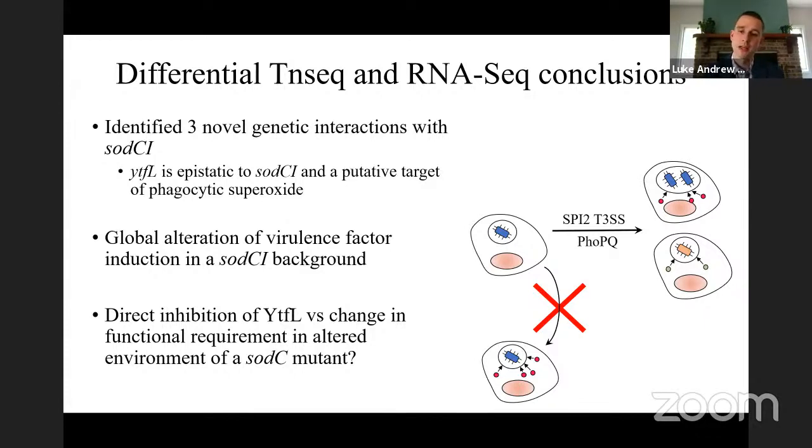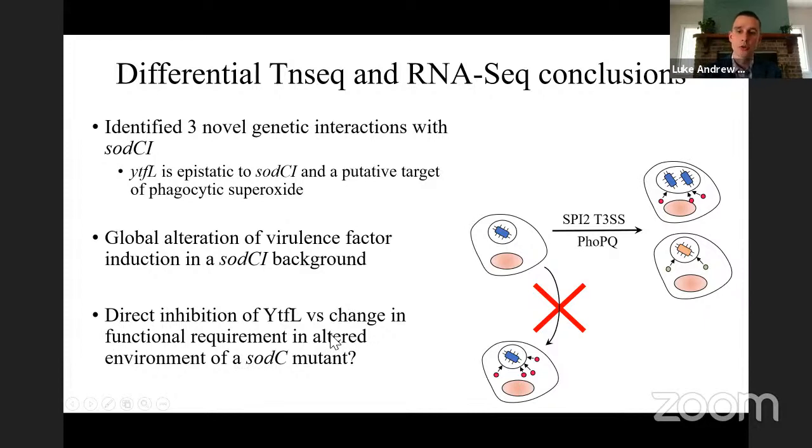But actually, I think it's a really exciting result, and it goes well together and will be interesting to follow up on. The way that I explain that is, if you think about the epistatic interaction with YTFL, there are two ways to interpret the data. As I mentioned, YTFL is directly inhibited by superoxide, or the alternative hypothesis is that in the altered gene expression in a SOD1 mutant background, the function of YTFL is no longer required.